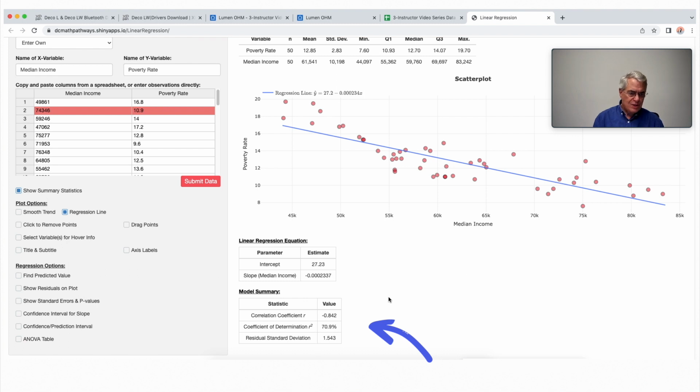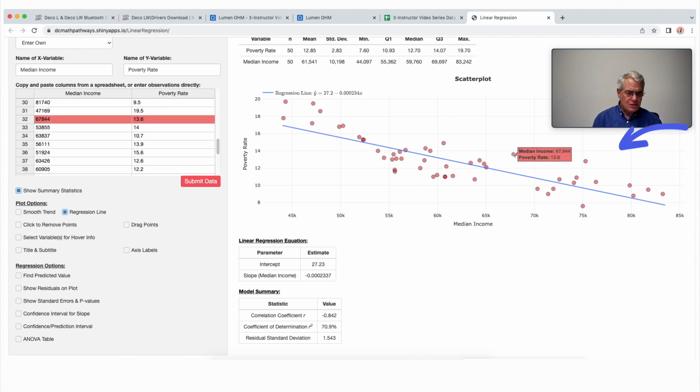And so in this case, we would look for values or xy coordinates that are a long way away from the prediction line. So this one seems like its median income true is 75.277. The predicted is 75.5.